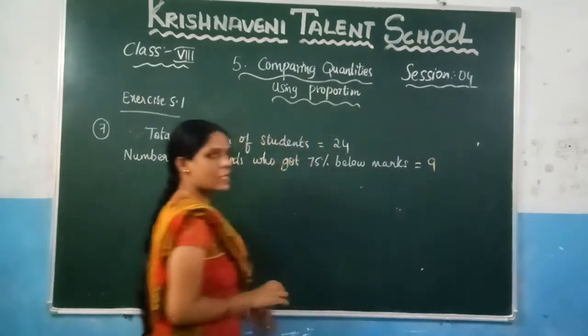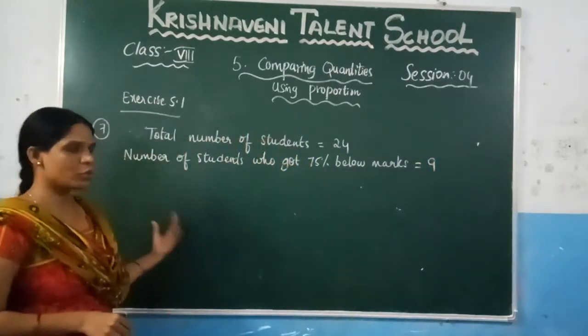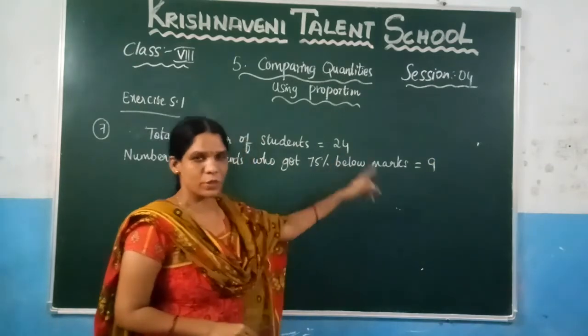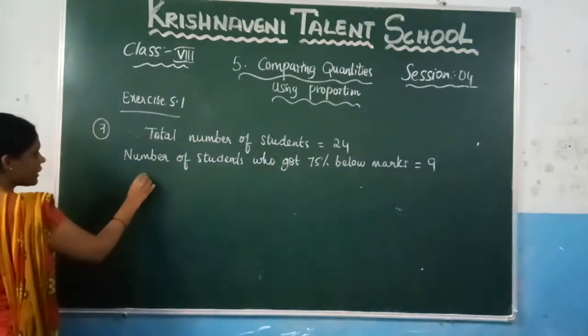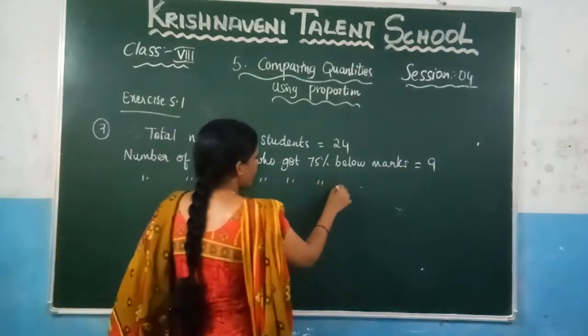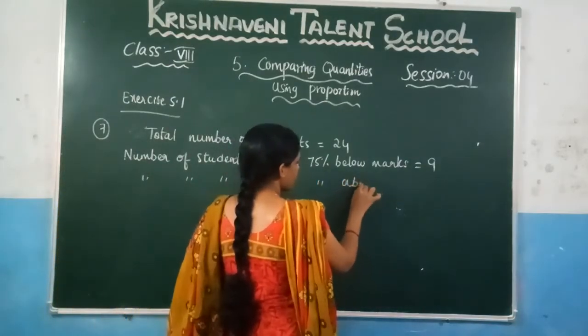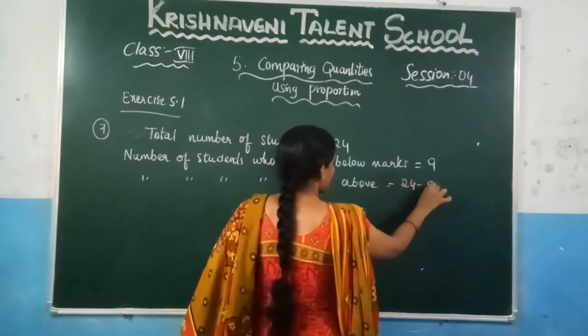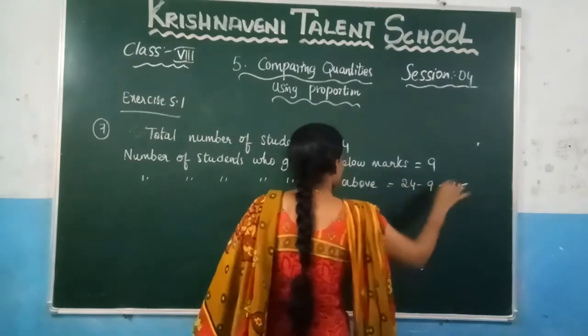How many students are there? 9 students are there. If you want to know the number of students who got 75% above, you need to subtract those two. So write it here, the number of students who got 75% above. You need to subtract 24 minus 9 so that you will get 15.